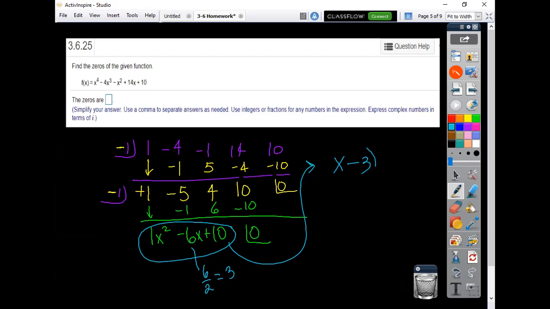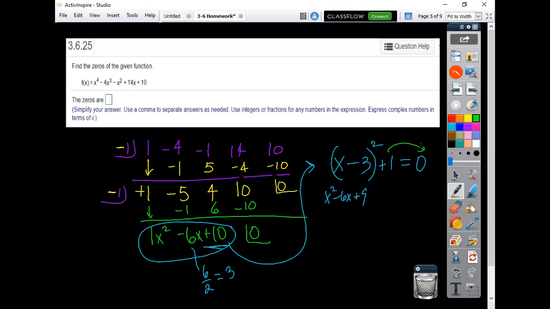If we expanded this out, this would be x squared minus 6x, but because of the negative 3 squared, there'd be a plus 9. We were supposed to have a plus 10, so we still need plus 1 more to make it equal this quadratic. Now solve for when it equals 0 to find our x-intercepts or roots.